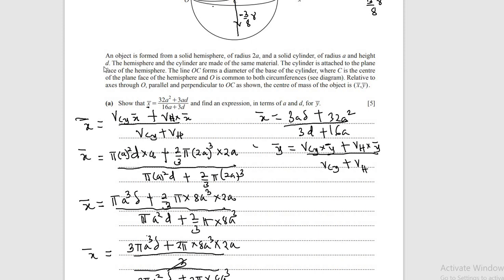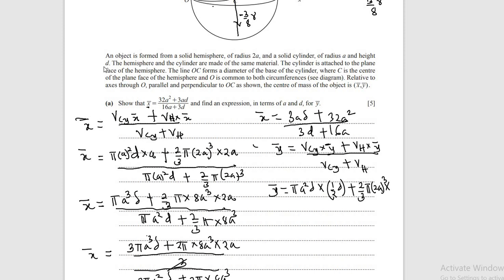I need to manage my space. The volume of the cylinder, we know, is pi r squared h, that is pi a squared d. The vertical center of mass for the cylinder is half d, plus the volume of the hemisphere, which is 2/3 pi a cubed.